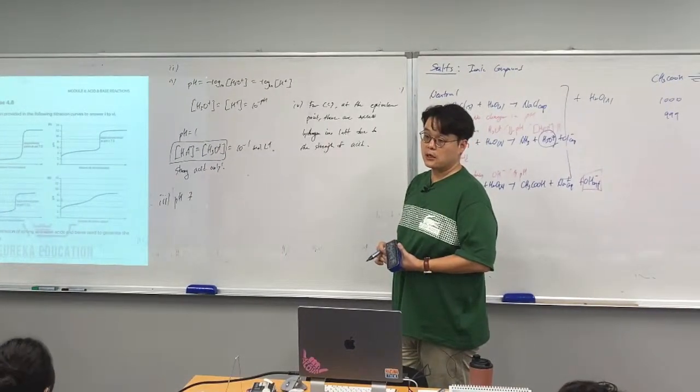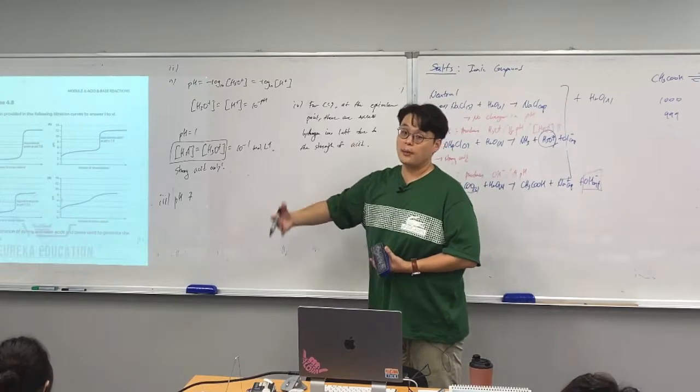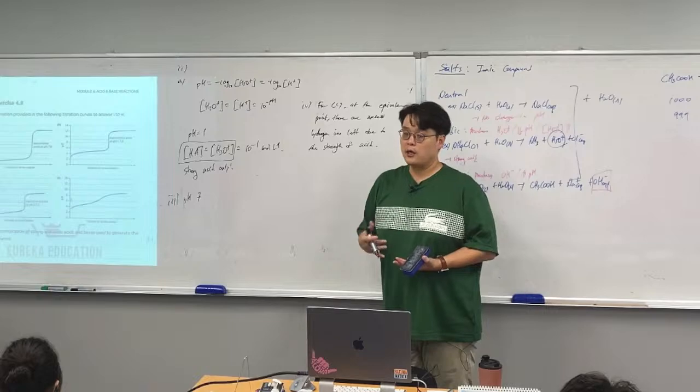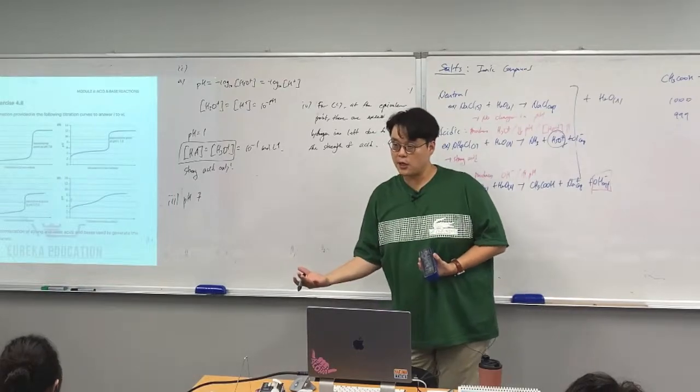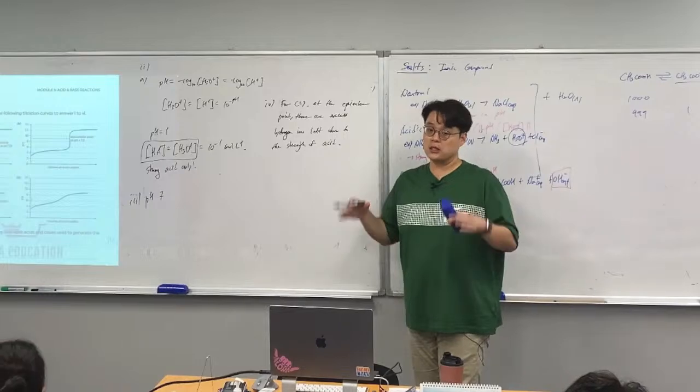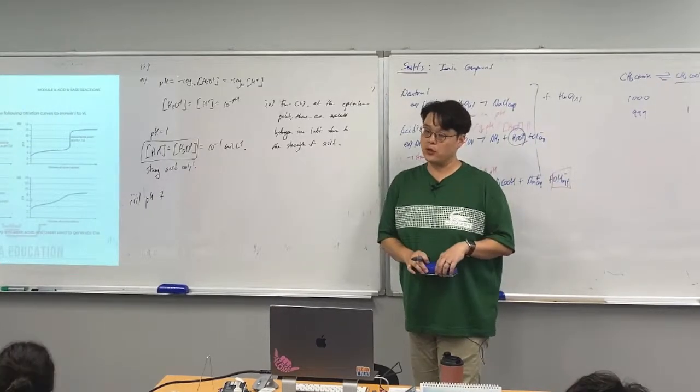Does that make sense? Neutralization point means that you have used up all the available hydroxide ions. Even after they neutralize all the hydroxide ions, because it's a strong acid, it's still releasing hydrogen ions, which means a lower pH than 7 at the equivalence point.